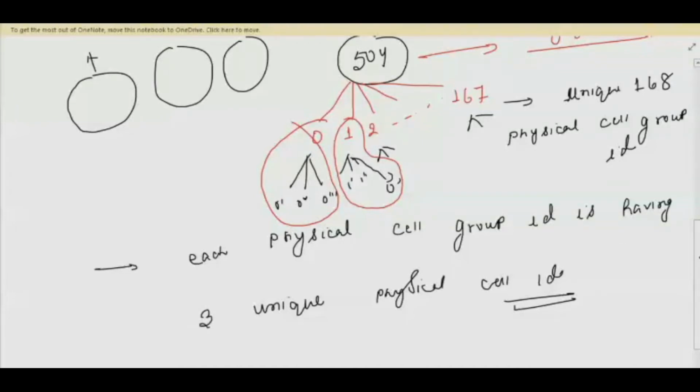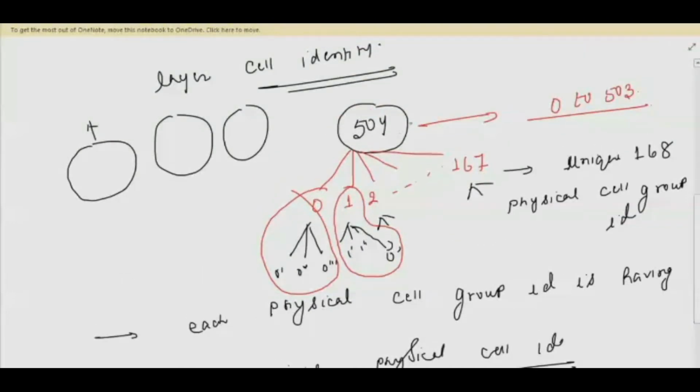To reach the physical layer cell ID, meaning this value, the network is not directly transmitting this value, 0 to 503. Instead, the physical cell ID and the cell group ID will be transmitted, and their combination will give any one of these values.